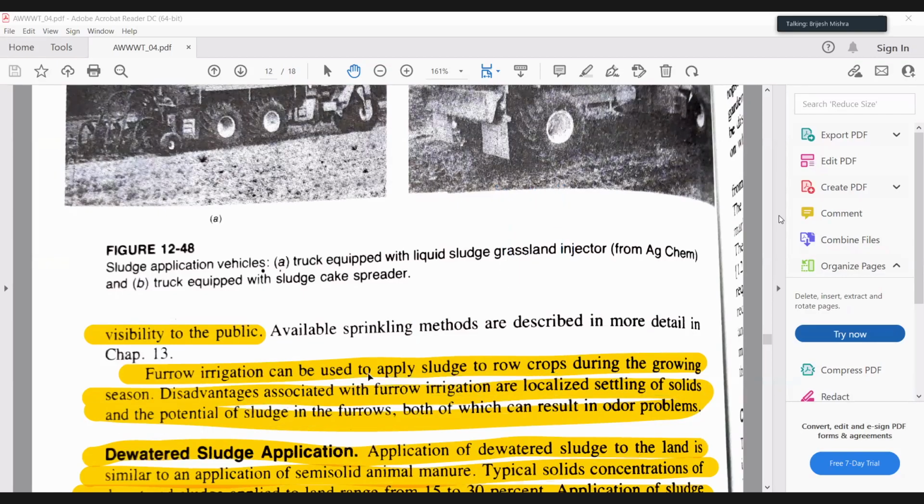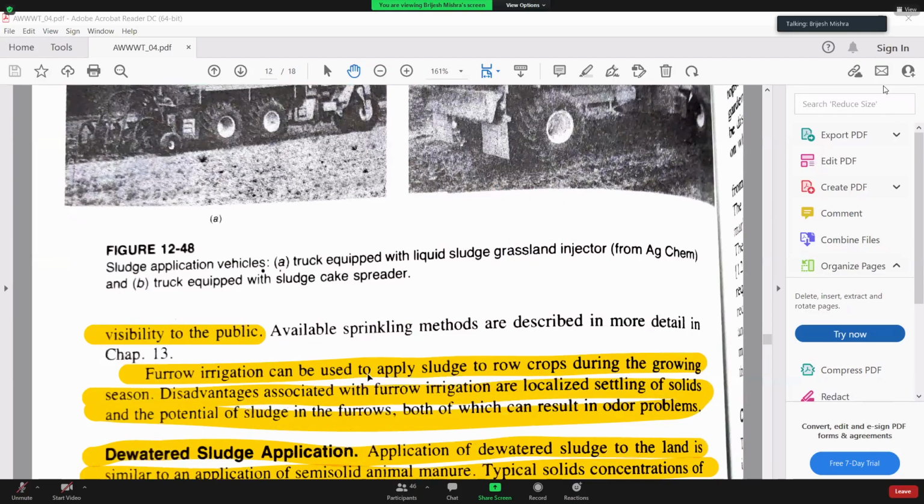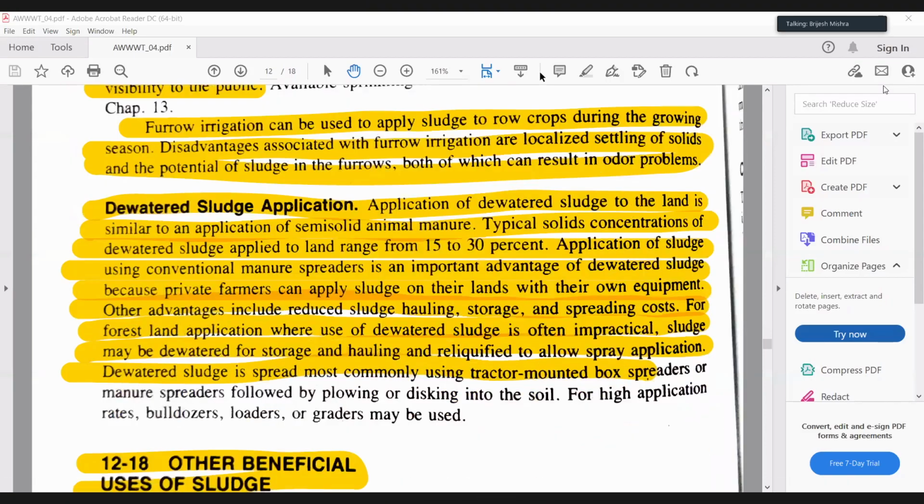Now, second is dewatered sludge application. In this, application of dewatered sludge to the land is similar to application of semi-solid animal manures. Generally, in agricultural land, mixing of animal manure is one of the common works. So the same method is used for distribution or disposal of the dewatered sludge, because here solid concentration is 15 to 30%.